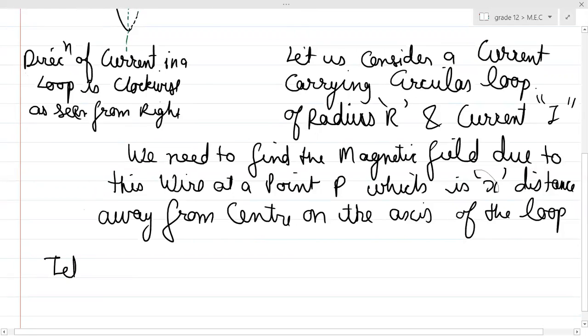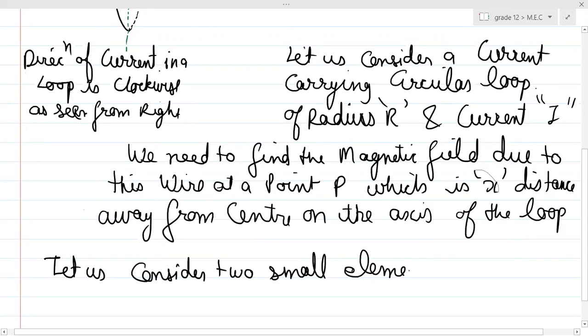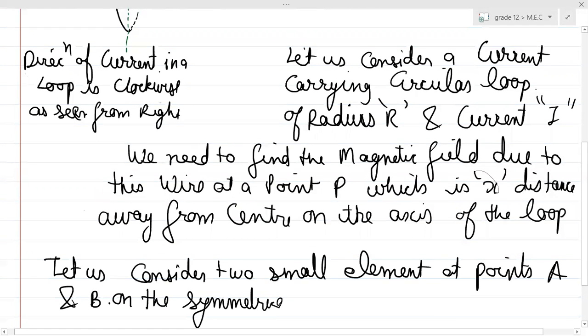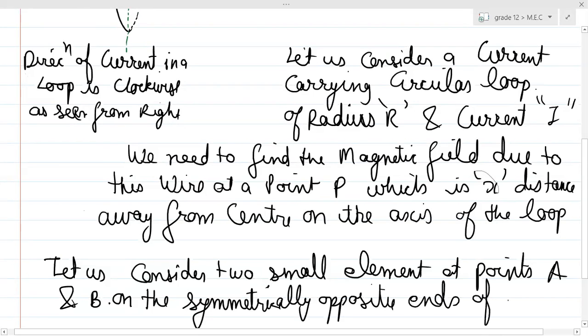So let us consider two small elements at points, let's name them A and B, on the symmetrically opposite ends of the diameter AB on the wire.